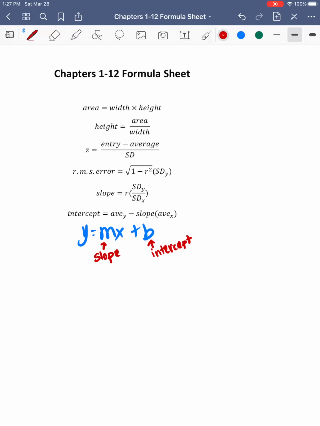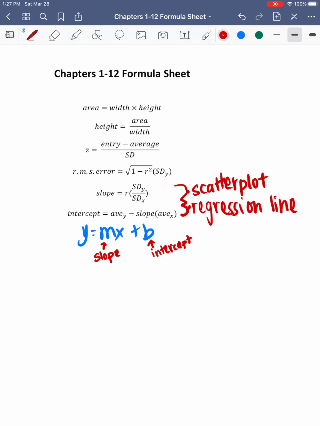When you're doing this, you're going to be given information about a scatter plot and asked to create the line of best fit or the regression line. So you'll be given a scatter plot as well as a 5-number summary.